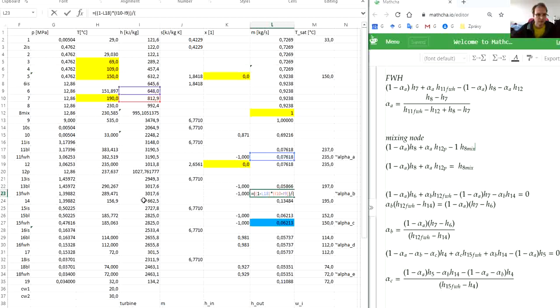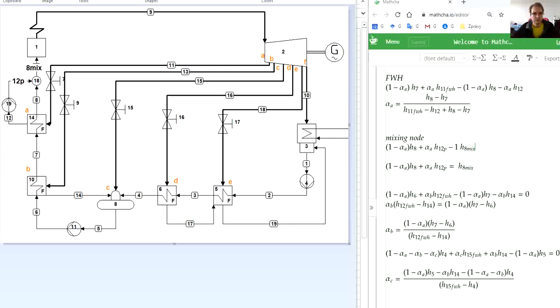So here we have actually a difference, let's check the schematics.